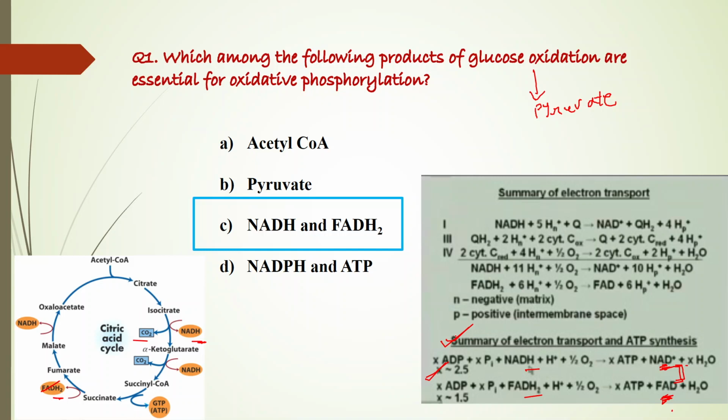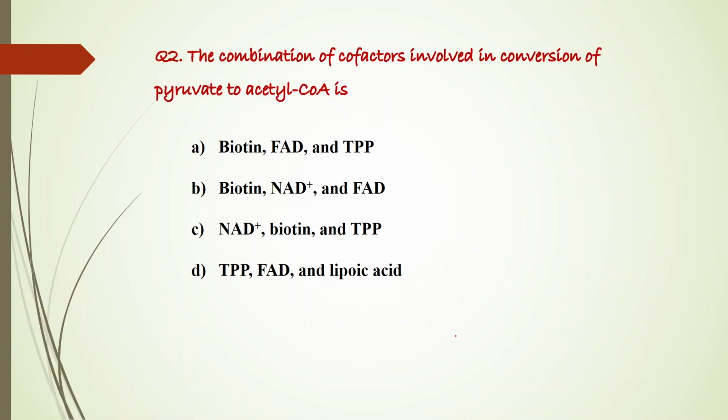So the correct answer for question number one should have been option C, NADH and FADH2. These are the products of glucose oxidation that are essential for oxidative phosphorylation. Okay. So let us move to the next question.